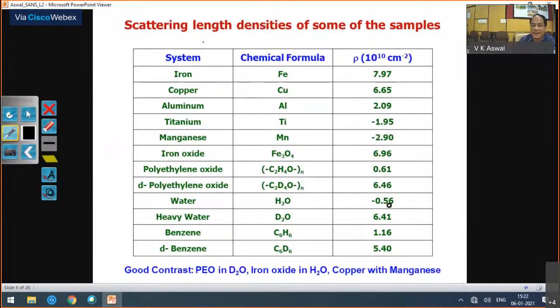So what it means is that whenever you want to do small angle neutron scattering, it is better to have some idea about the scattering length density of the components in your system, so that you know which matrix or which solvent will work for your system. So polymer in D2O gives good contrast, but iron oxide in H2O gives you good contrast, and the same is copper with manganese. Copper is 6.6. If you have manganese, you will have a very good contrast.